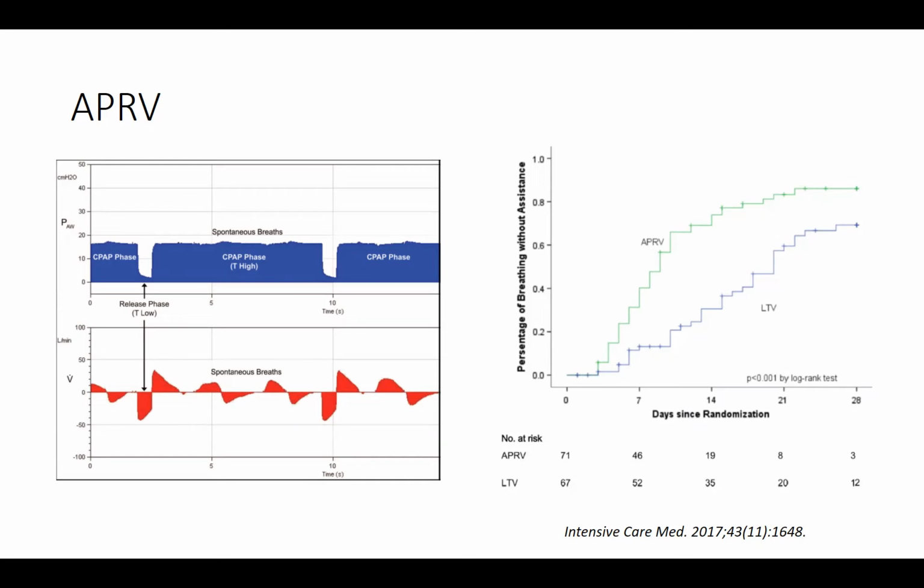If you have to release the pressure too frequently, then it's not achieving what it's supposed to do, which is maintain the recruitment for extended periods of time. If you have to increase these, what they're calling release phase, in order to achieve some degree of ventilation, then you're not achieving what it's intended to do in the first place.